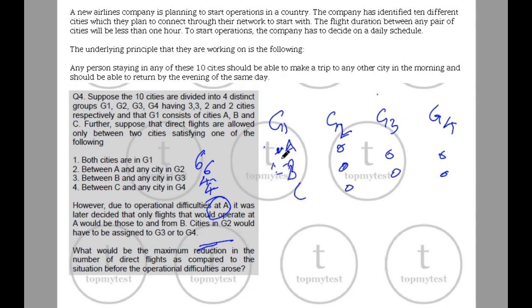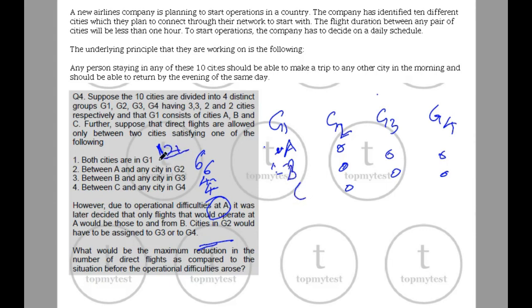From A there is only one flight, which is to B. From B there will be 2 flights, one to A, one to C, and from C there will be only one flight, which will be to B. So these 6 flights become 1 plus 2 plus 1, this will become 4.